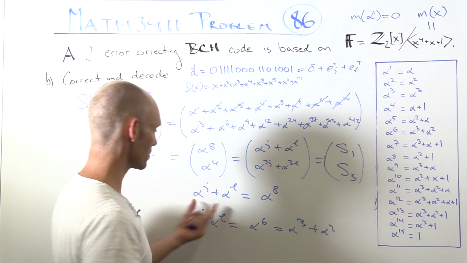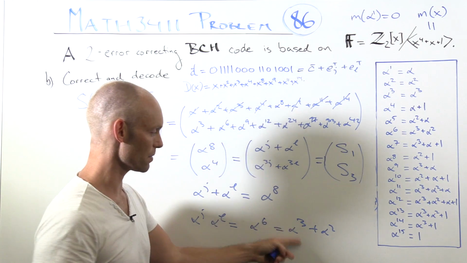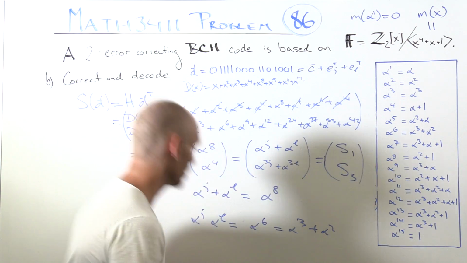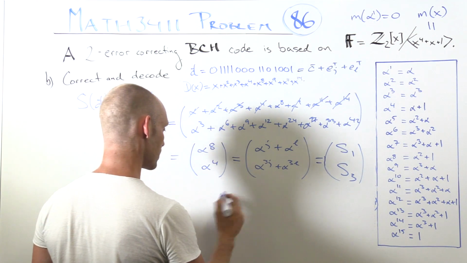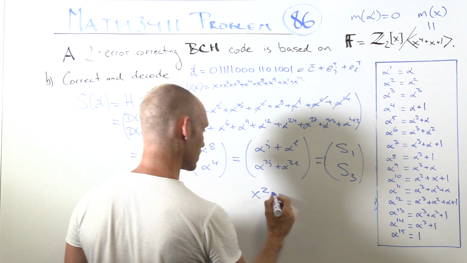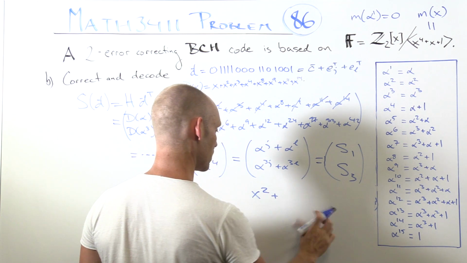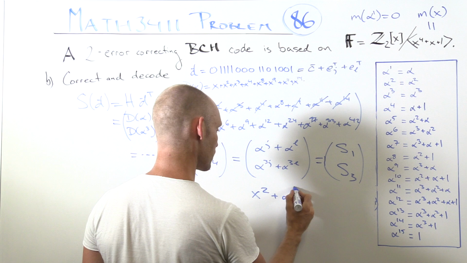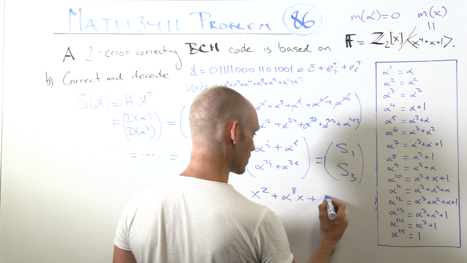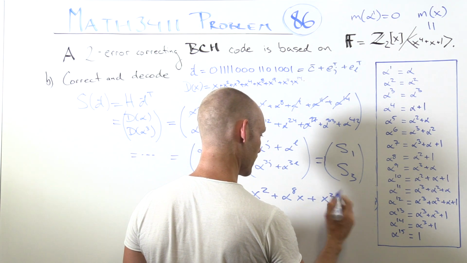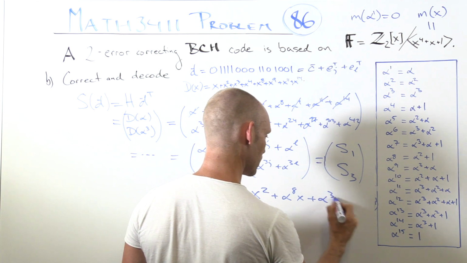So these two numbers here, these powers, are exactly the roots of a polynomial that are given by these terms here. In particular, they're the roots of the polynomial x squared minus or plus, doesn't matter here, the sum of them, so that's alpha to the power of 8, plus the product of them, which was alpha to the power of 6, or in other words, alpha cubed plus alpha squared.